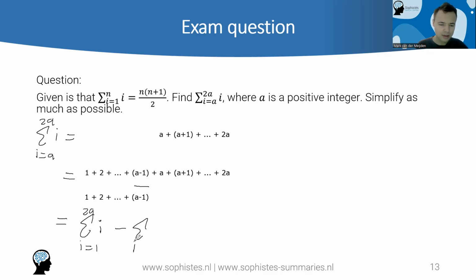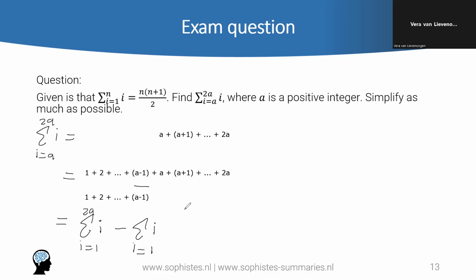Minus. Okay, I will ask another question. What will be the end of this second series here that I subtract? This series here, what's the end there? A minus 1. Yes, very good.